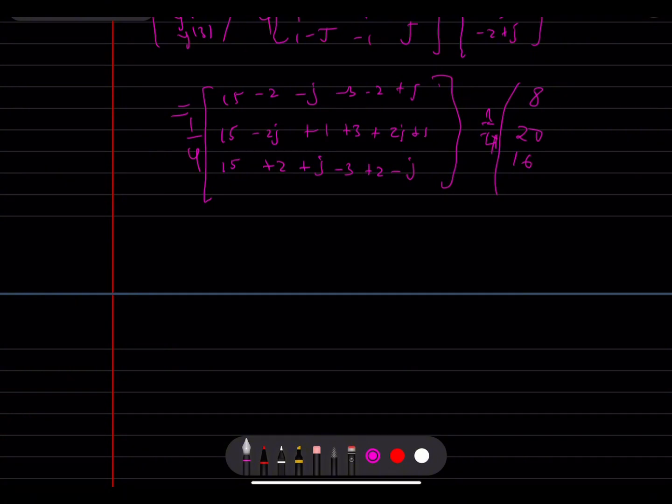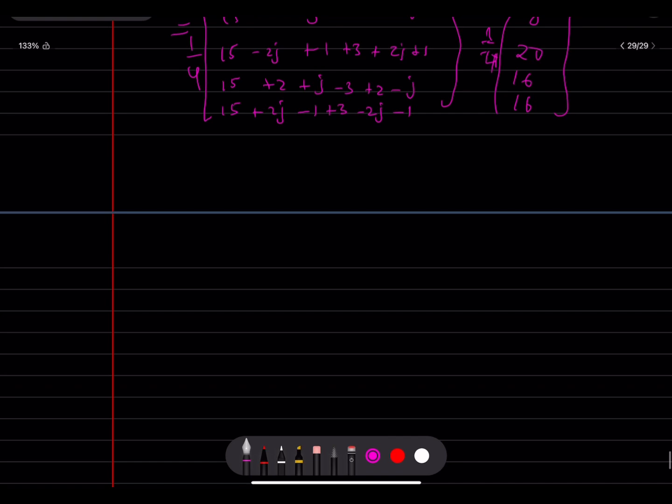And then the last one is 15 plus 2j minus 1 plus 3 minus 2j minus 1. And when we add it up, we are going to get 16 as well.